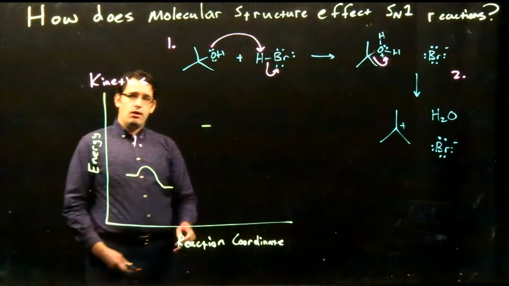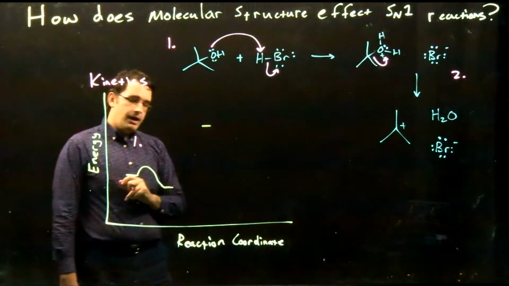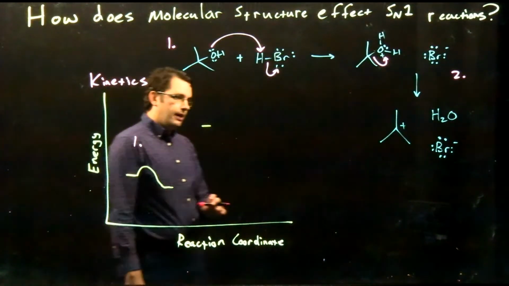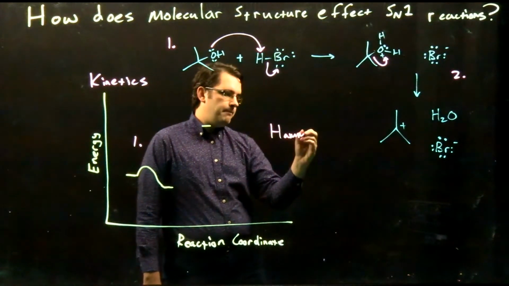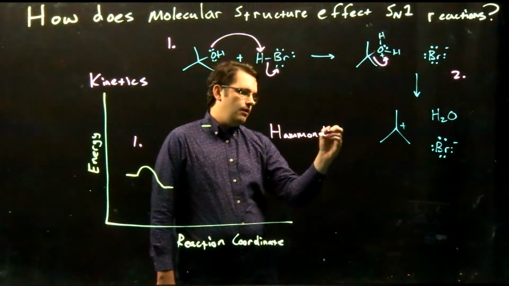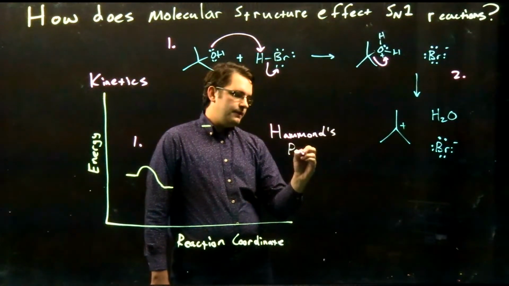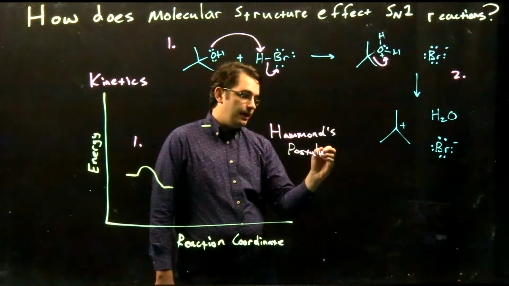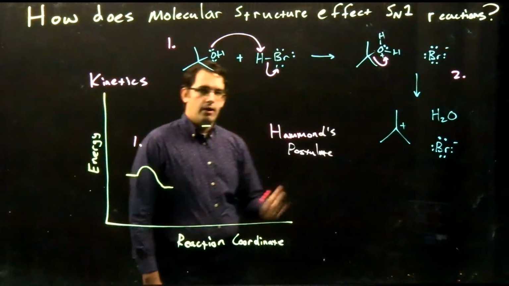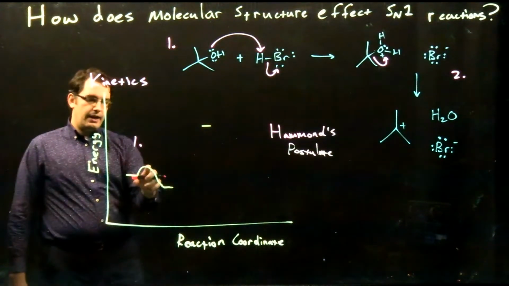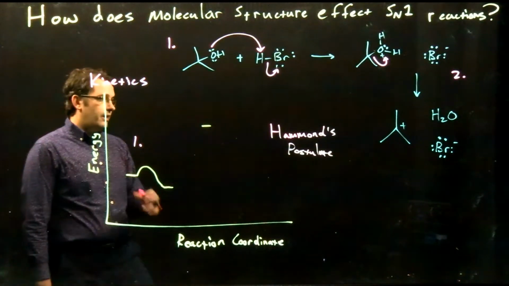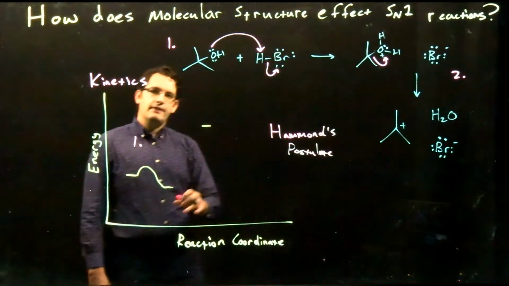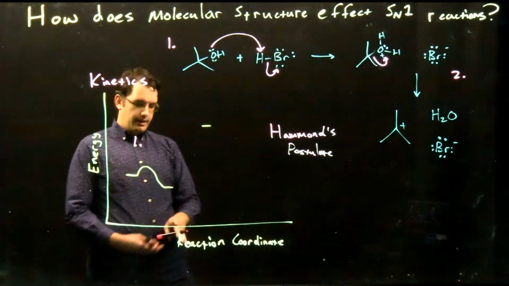Now, one of the general things to keep in mind whenever you're drawing out one of these reaction diagrams is what we call Hammond's postulate, which says that our transition state, or the transition state is basically what our structures look like at the top of the activation energy barrier. Our transition state is going to look similar to our intermediate.